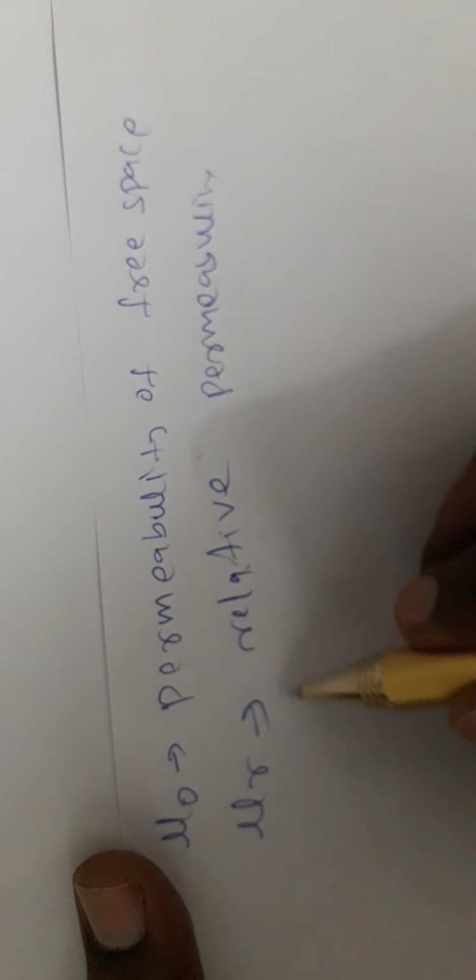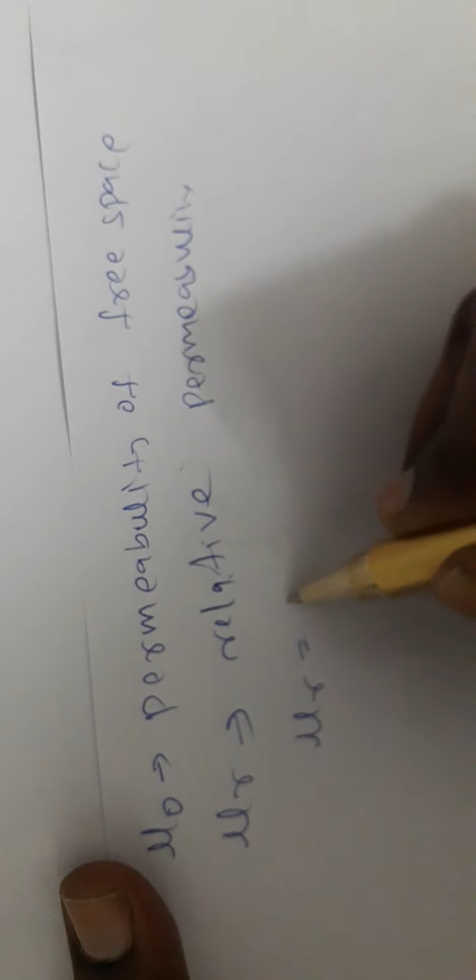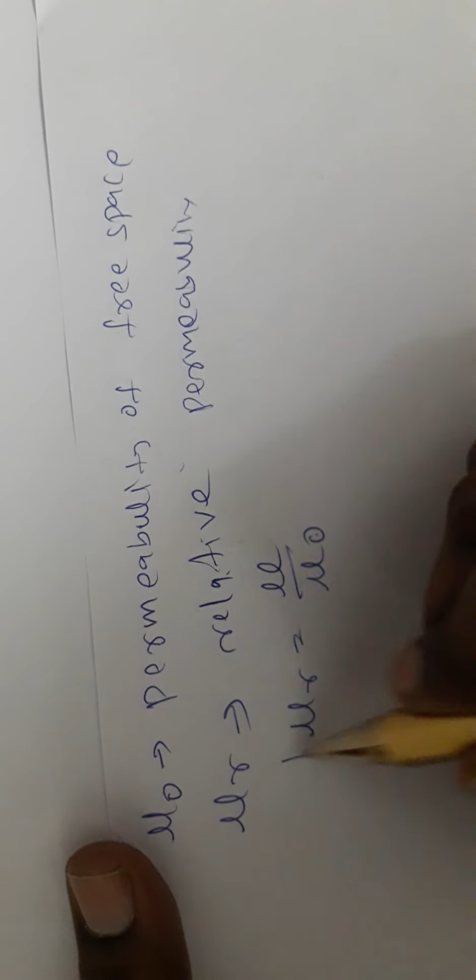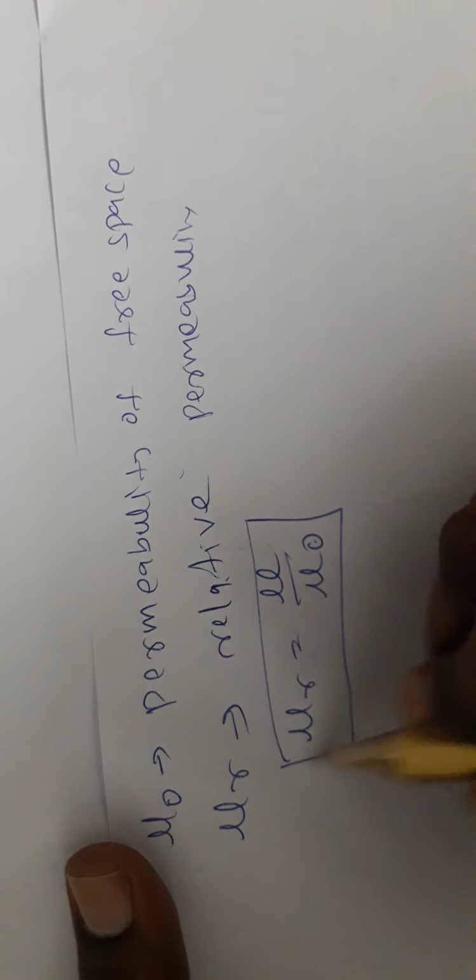So mu r equals permeability of medium to the permeability of free space, mu by mu naught. Epsilon r equals epsilon by epsilon naught. Similarly here mu r is the relative permeability, the ratio between permeability of medium to the permeability of free space. So mu equals B by H. Definitely they are asking this as important.